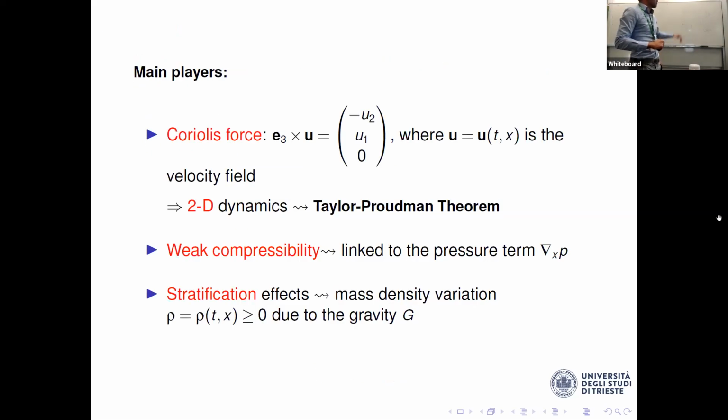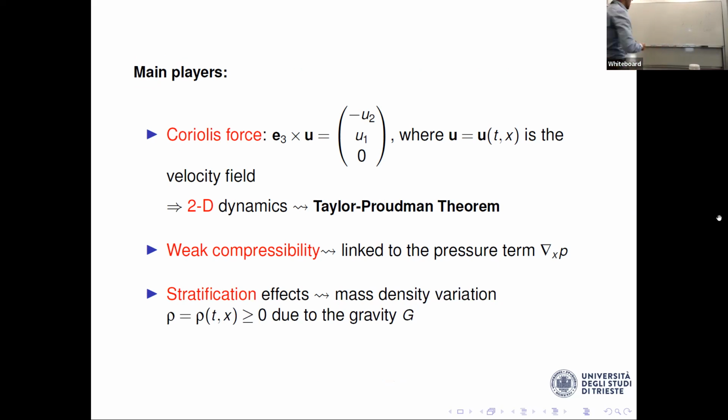In the context of fluids on large scale, we have three main players that drive and govern the dynamics of the fluid. We have the Coriolis force, the weak compressibility effect, and the stratification effect. The Coriolis force is modelized like a rotation around the vertical axis.